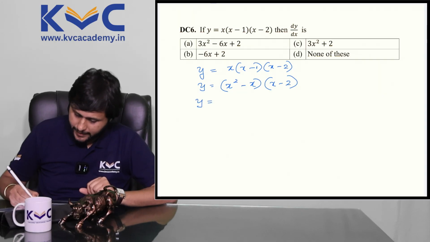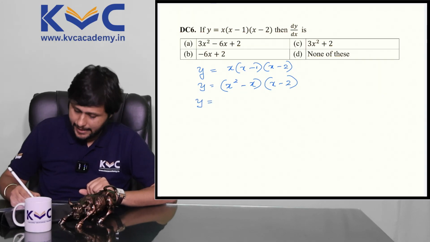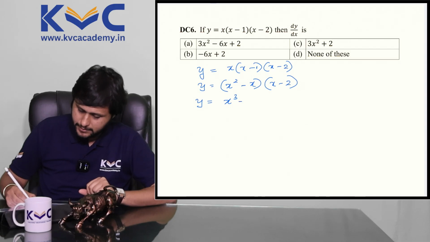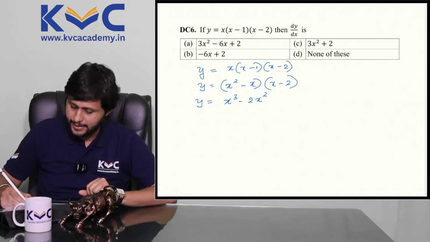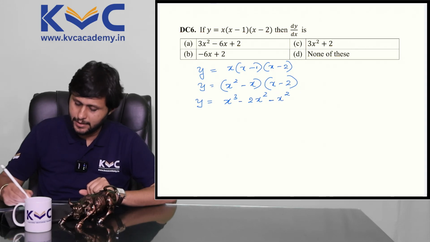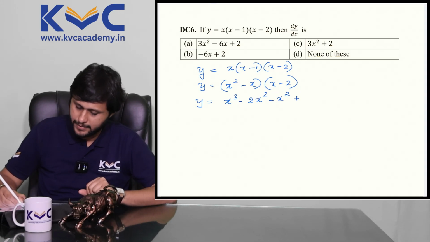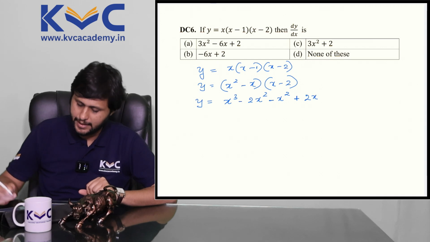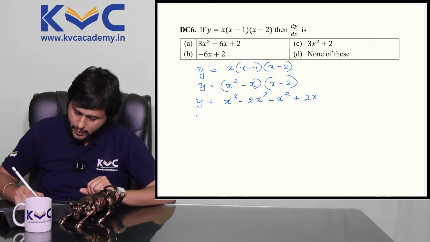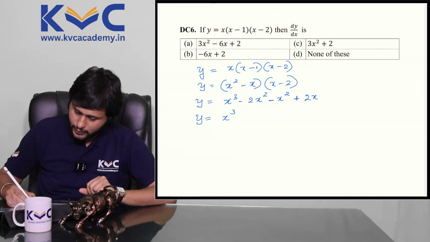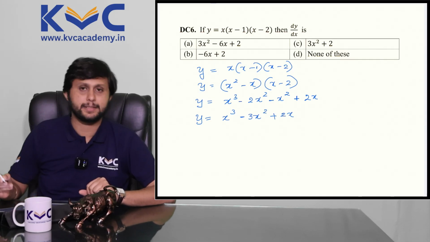Now again I'll open the bracket, first into first, x square into x, x cube, minus 2x square, minus x into x, minus x square, and minus into minus is plus 2x. Y is equal to x cube minus 3x square plus 2x.